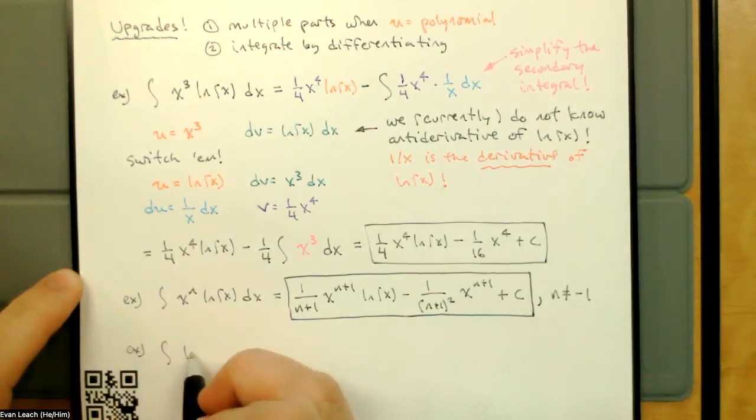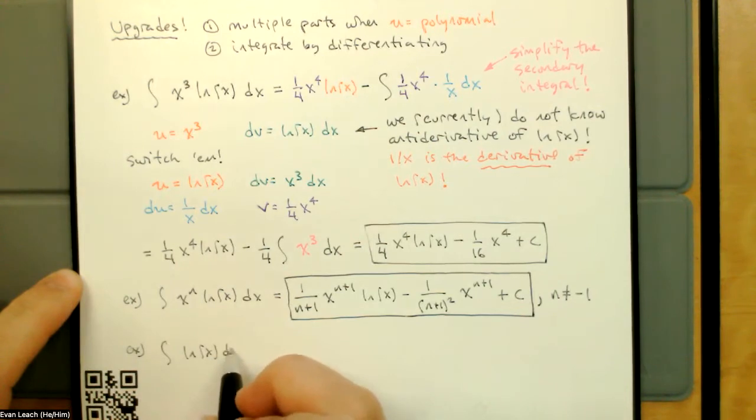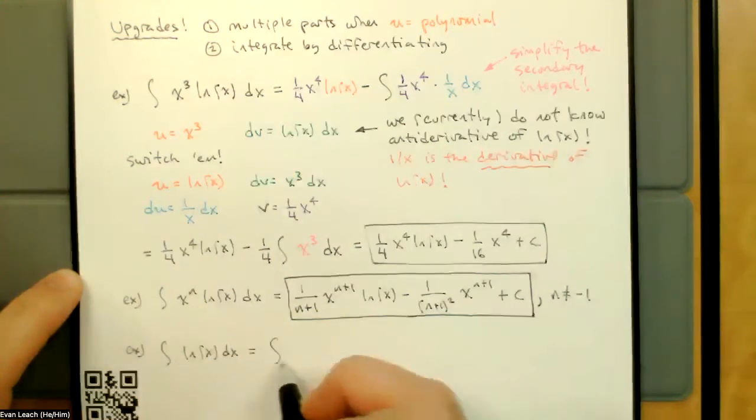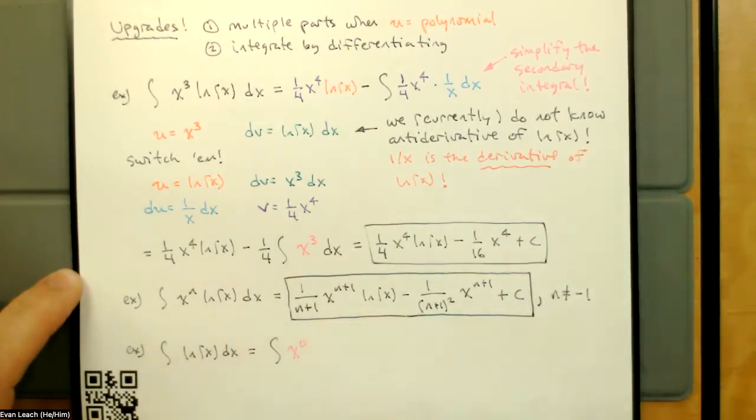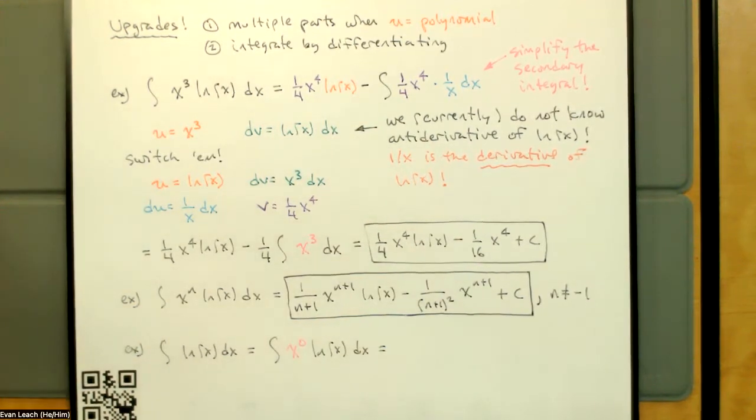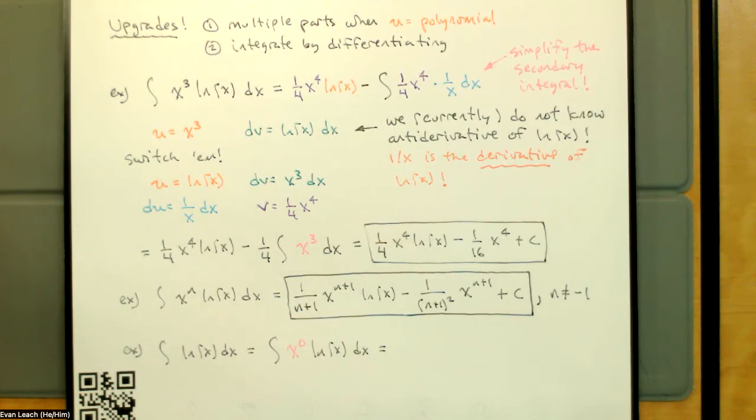So in particular, if we have just natural log of x dx, I can imagine this as the integral of x to the 0 times natural log of x. And then I could just use our previous result where n is equal to 0 and get 1 over 0 plus 1, or just 1, x to the 0 plus 1, or 1.